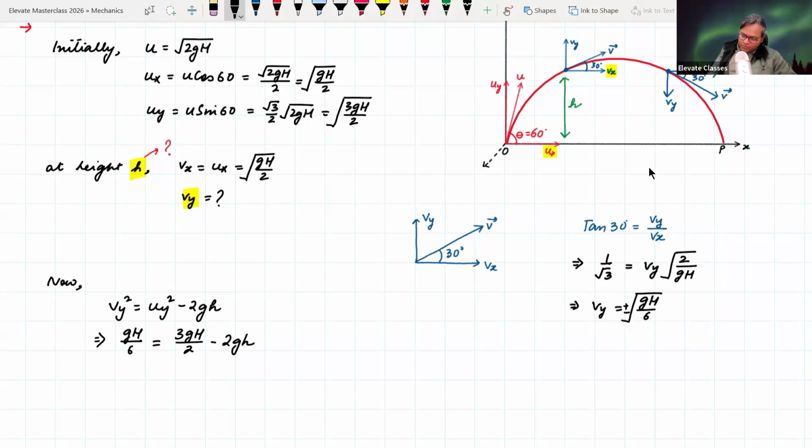Minus 2g small h. So therefore, 2g small h is equal to 3g capital H upon 2 minus g capital H upon 6. So this is equal to 6.